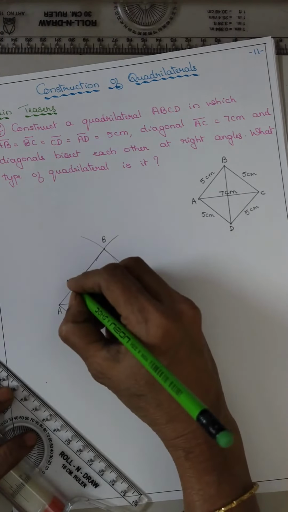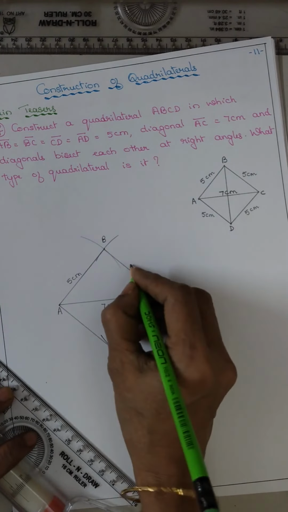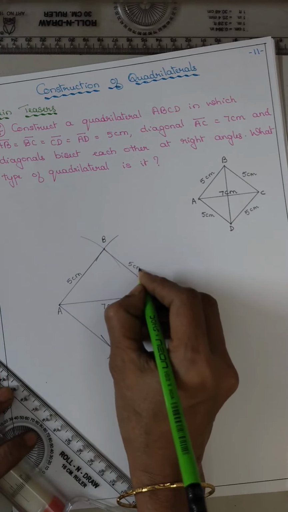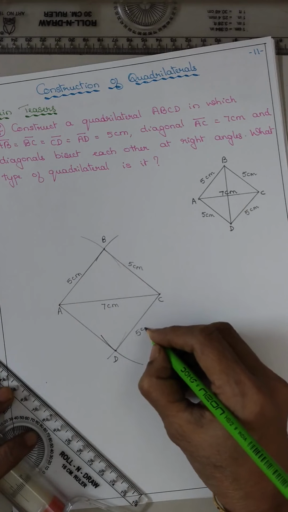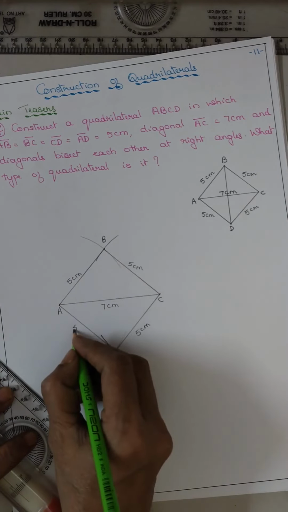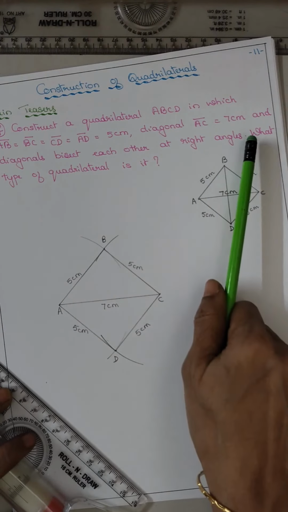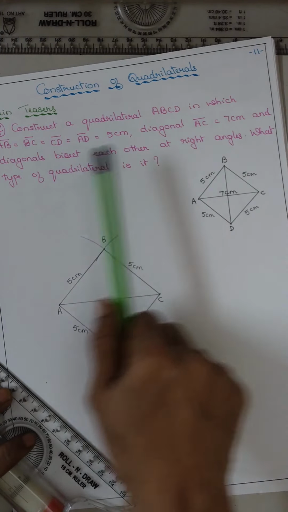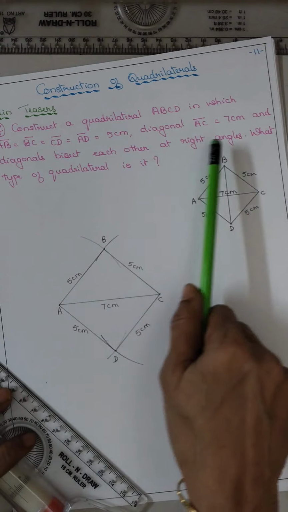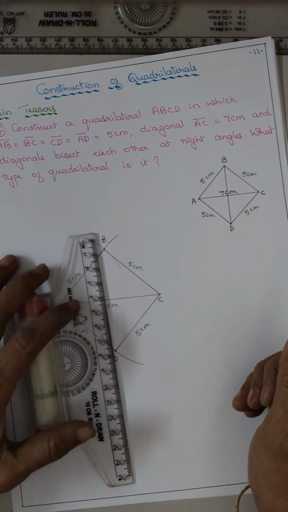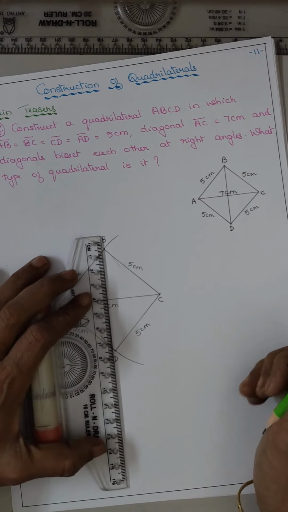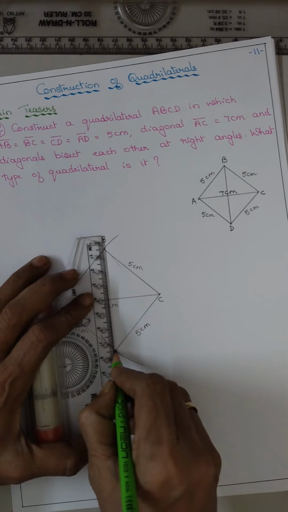Now write the measurements: 5 centimeter, 5 centimeter, 5 centimeter, and here also 5 centimeter. Now in the next statement they have told the diagonals bisect each other at right angles. Now draw the diagonals. AC already drawn.